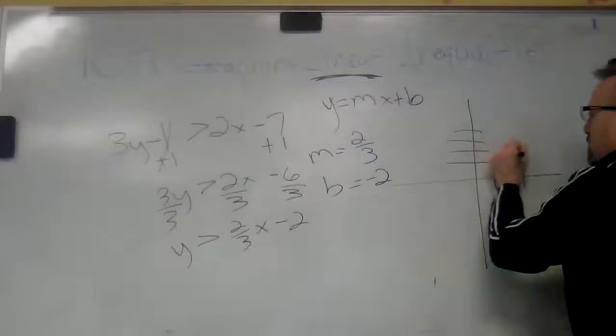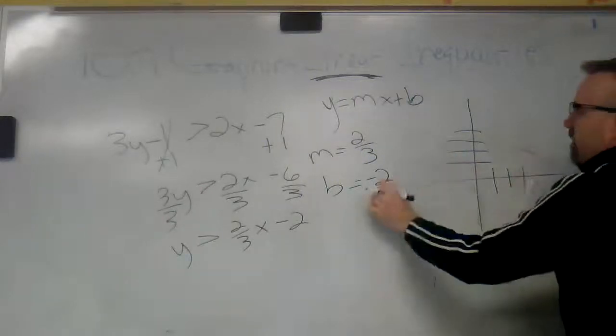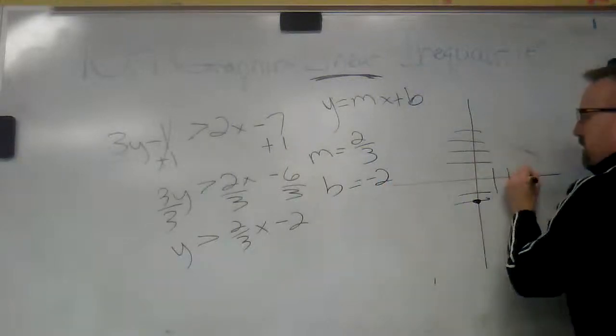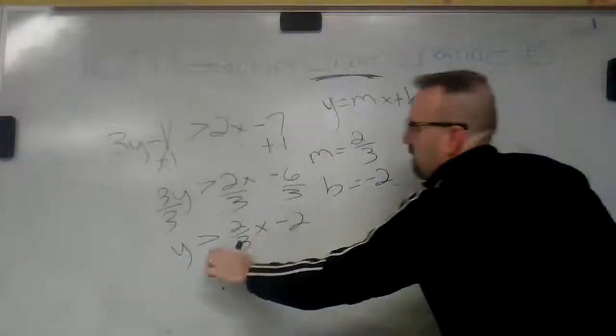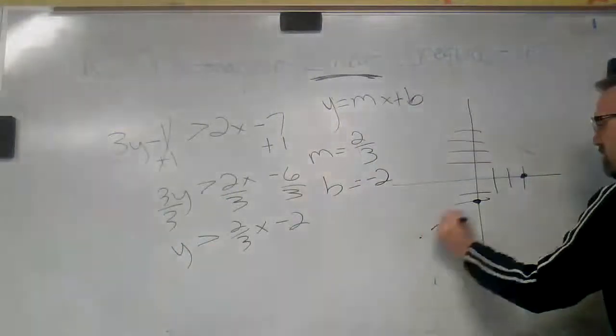Rise 2, run 3. Whoops, I forgot the b first. Start with b. Sorry about that. Rise 2, run 3. So now we have solid or dotted. No line, so it's dotted.